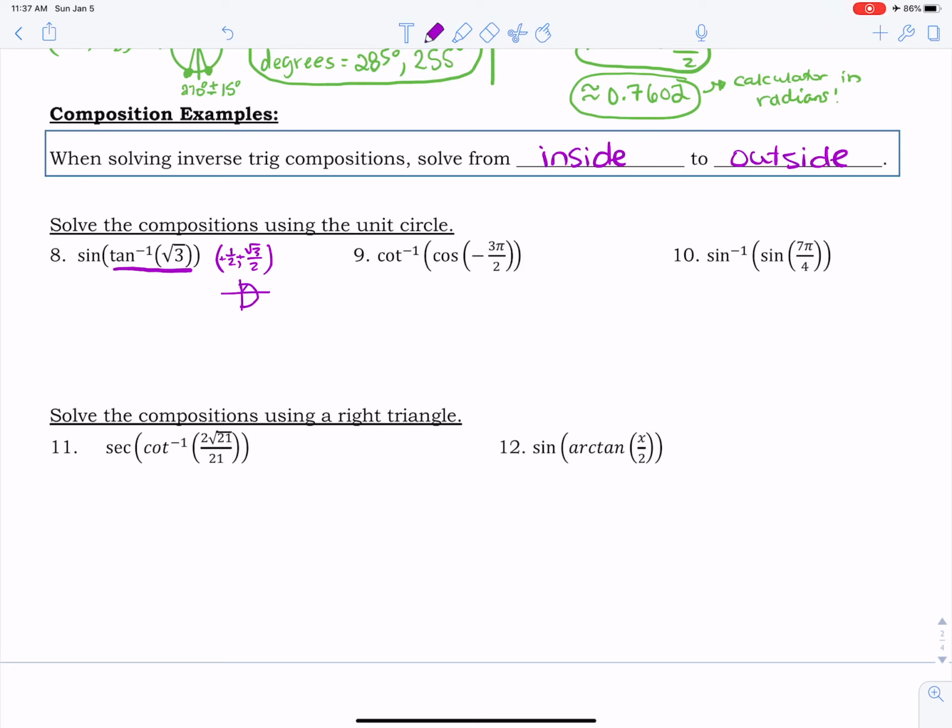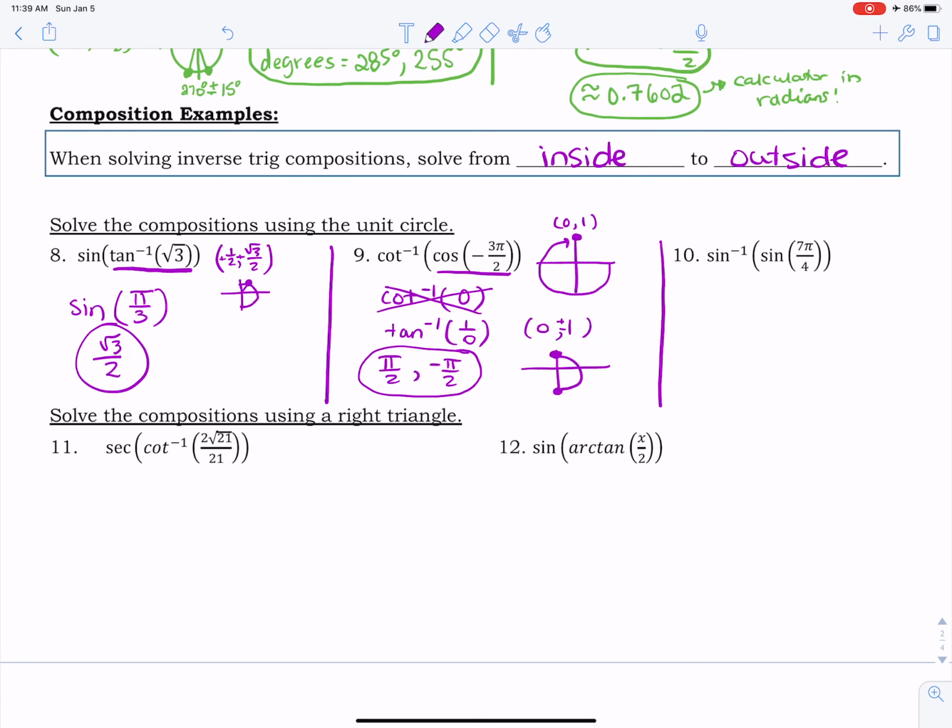And that is up here. And so that angle is pi over 3. And now we want to do the sine, the outside. What is the sine of pi over 3? Oh, it's that coordinate that we literally have already written. Square root of 3 over 2. And that's our answer.